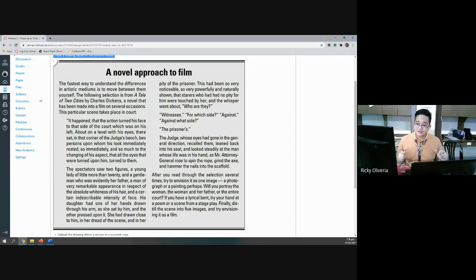So you are going to interpret this using a one-page drawing. No? I-drawing nyo lang yan. Okay? Isang page lang yan. So, kahit na isang kalahating bond paper o kaya isang buong bond paper, walang problema sa akin. Mas natapos na natin, you may scan or you may take a good quality picture and then i-upload lang natin.